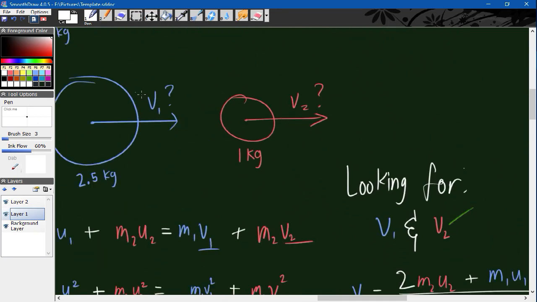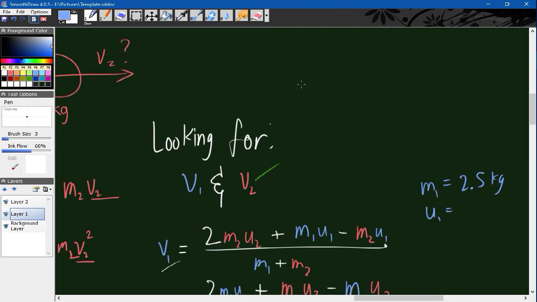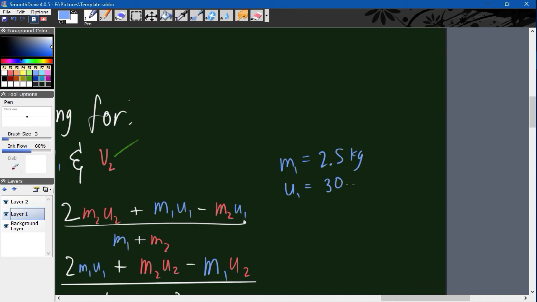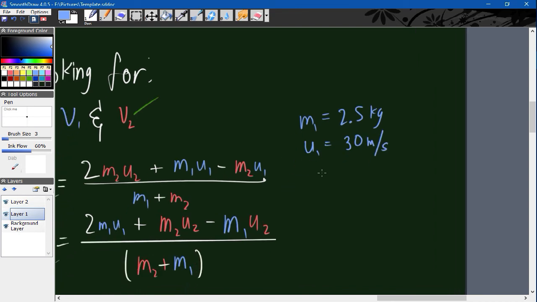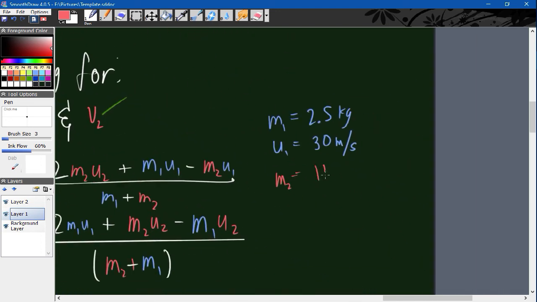So we have M1 as 2.5 kilograms, U1 as 30 meters per second, M2 would be equal to 1 kilogram, and U2 is equal to 20 meters per second. Of course, don't forget the sign.